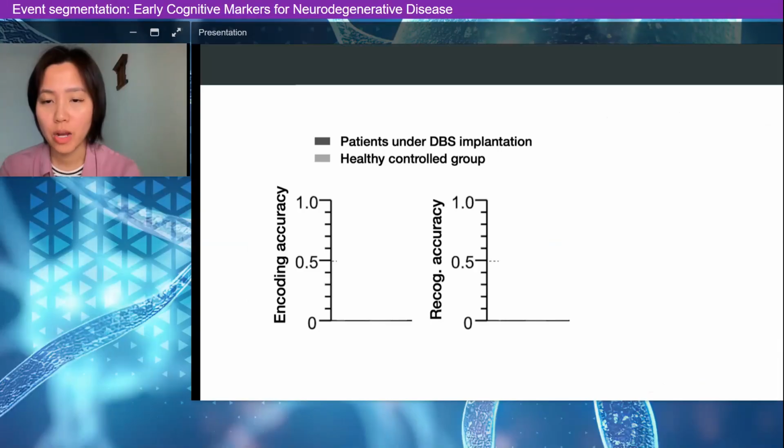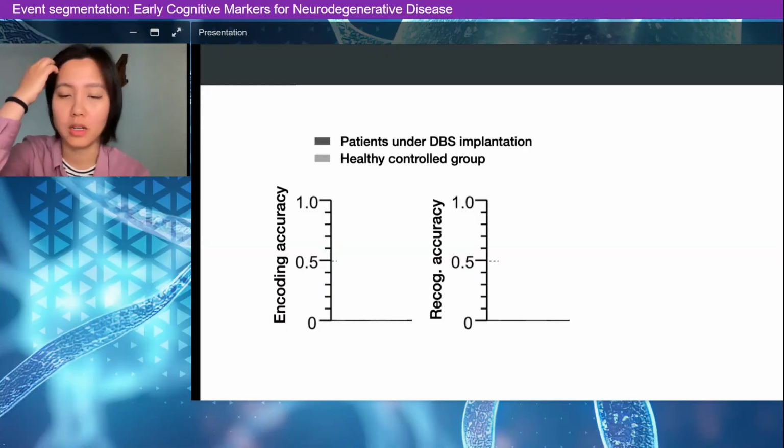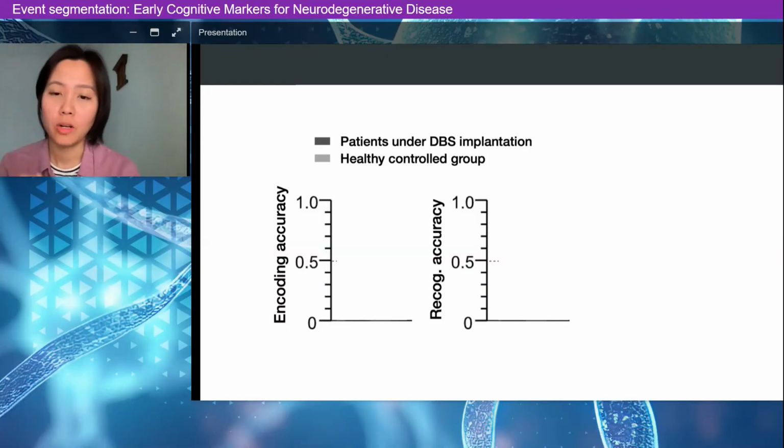So the first thing we were trying to understand or testing is, since the test was done in the operating room and the patient is waking up just from anesthesia, we want to make sure they can handle the task with reasonable behavior performance. So we run the task not only on the patients undergoing DBS implants, but also on the healthy control groups outside of the operation rooms. And we want to compare their behaviors in terms of the questions we asked during encoding, whether the majority of the clips happens indoor or outdoor, or their responses during the retrieval to test their recognition memory task.